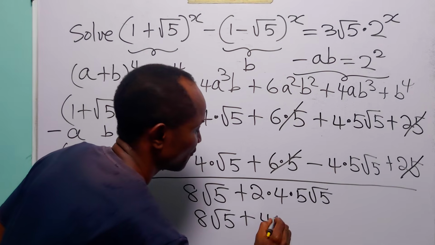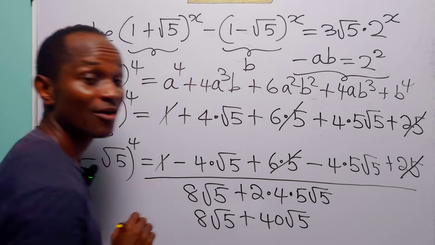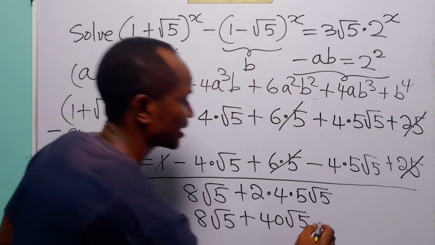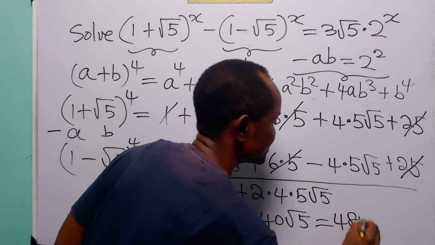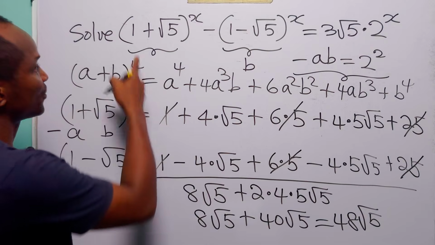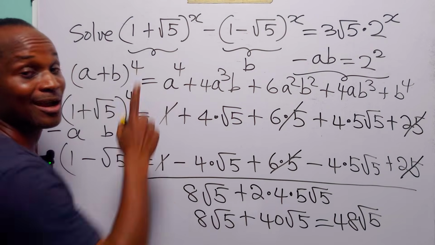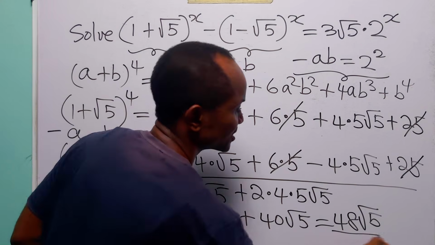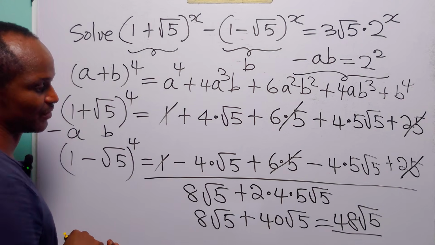So this is 40√5. 8√5 plus 40√5 is equal to 48√5. So we have that when x is equal to 4, the left-hand side of this equation is 48√5.